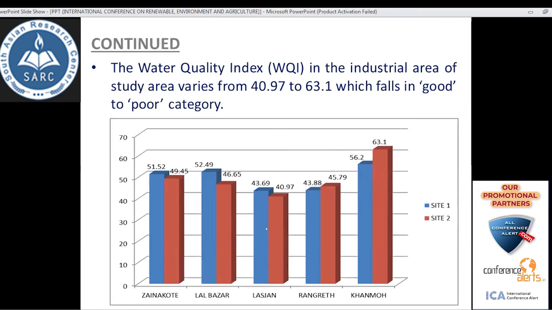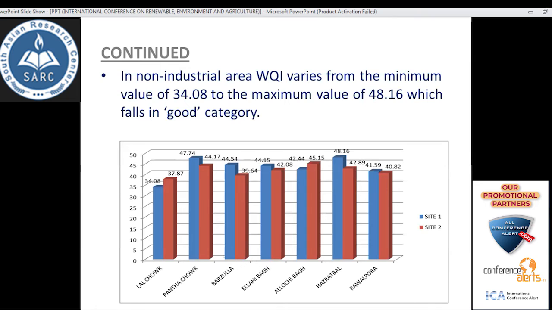For example, if we check the graphs here, this is an industrial area in Srinagar, where the water quality index varies from 40.97 to 43.69, and here in non-industrial areas like Pantha Chowk, the water quality index ranges from 44.17 to 47.74. Or here in Hazratbal, the water quality index varies from 42.89 to 48.16, which is higher than the value obtained in the industrial area.